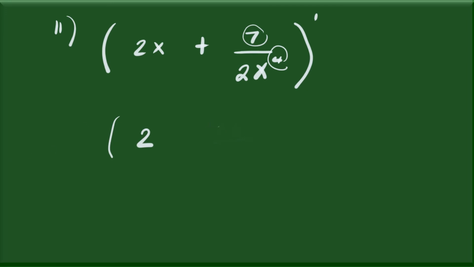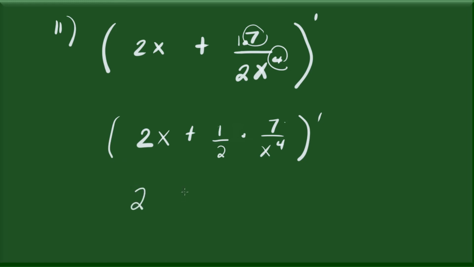If you want, you can rewrite this. You know that 7 on the numerator is just 7 times 1. So if you want to pull out the 1/2 times 7 over x to the 4th, you can also do that. Sorry, I haven't applied the derivative yet here. I'm just renaming it. After you pull out the 1/2, then you can begin the process of the differentiation.